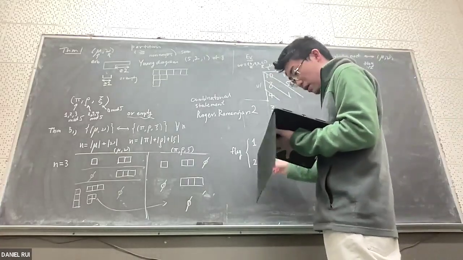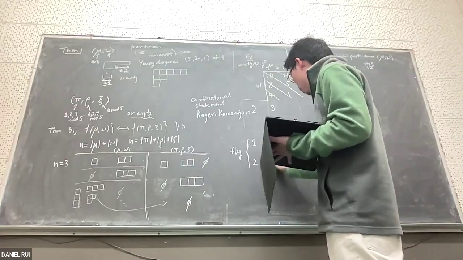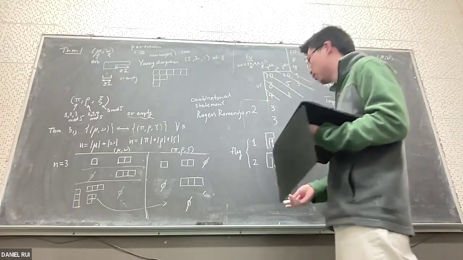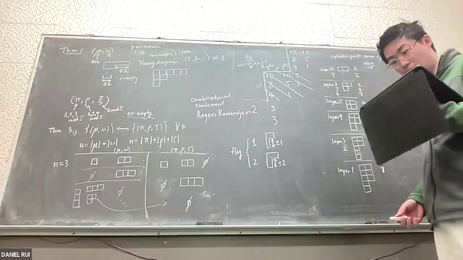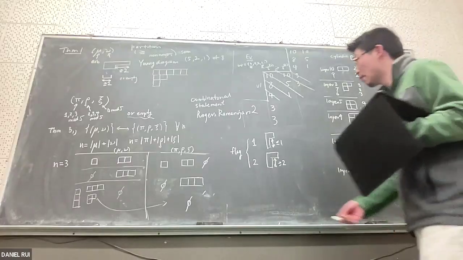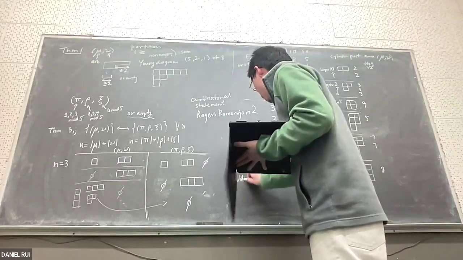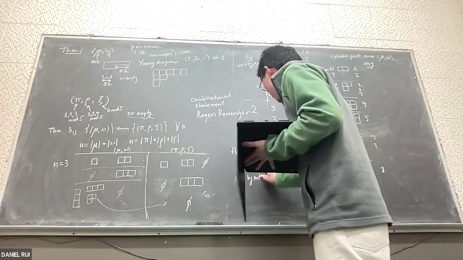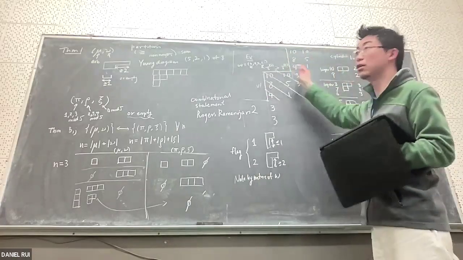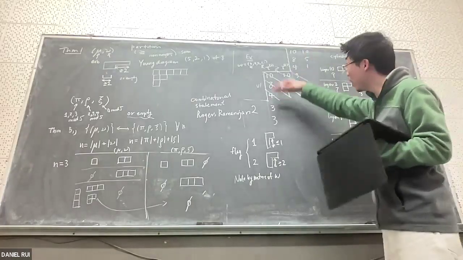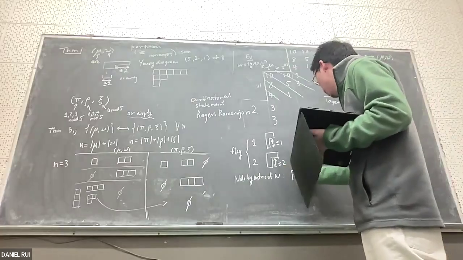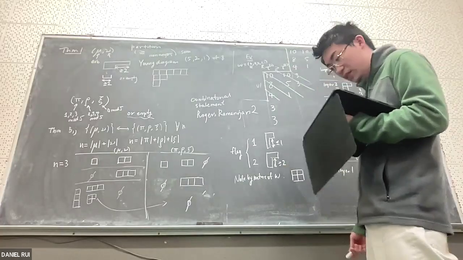And 2, if this length is greater than or equal to 2. Okay. And finally, note that by nature of W, which describes 3 up and 2 right, we can only get the following shapes. We can only get this.